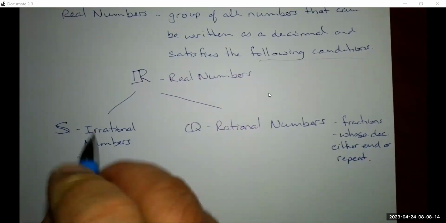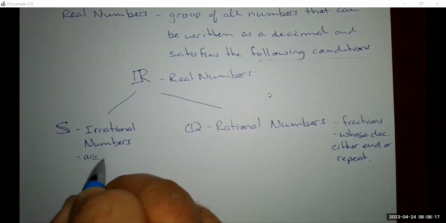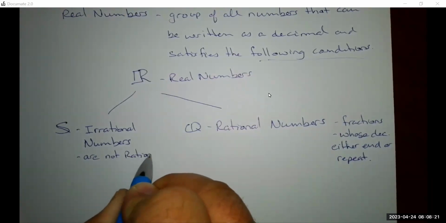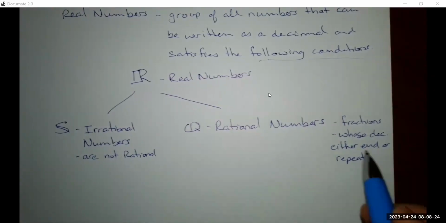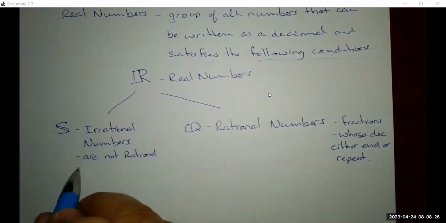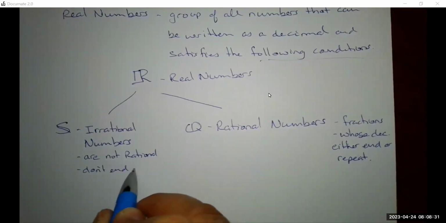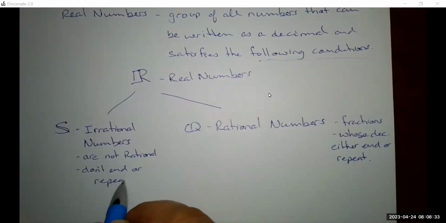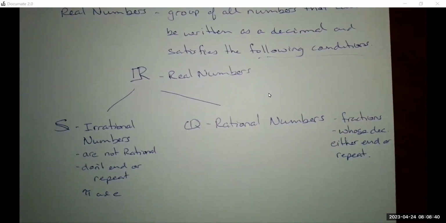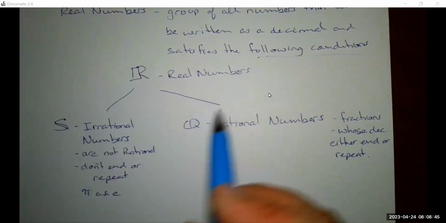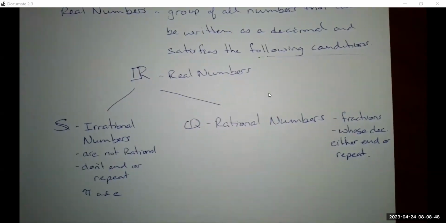Irrational numbers are not rational, meaning they don't end and they don't repeat. Kind of like pi and e. Those are numbers that never end, never repeat. So real numbers are broken down into rationals and irrationals.